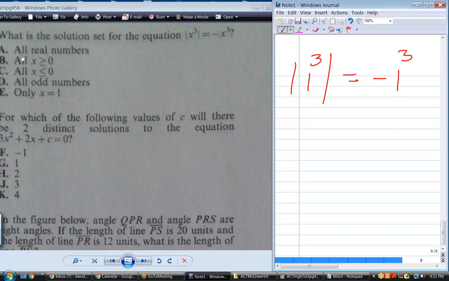Positive numbers? Nope. We just tried a positive number. It didn't work. Negative numbers? Yeah. Correct.